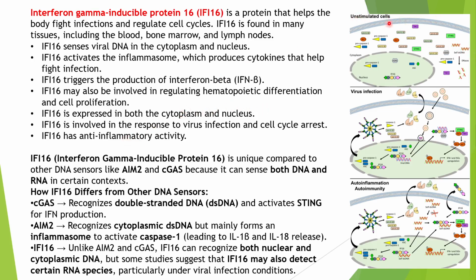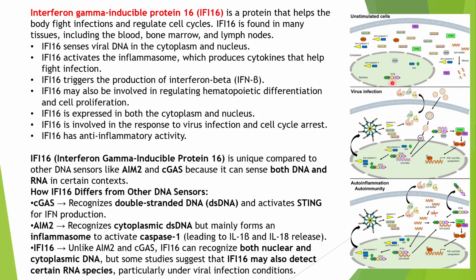So you can see here, these are your unstimulated cells, that is your normal healthy cells, and then you have virus infected cells, and then you have cells in conditions of autoinflammation or autoimmunity. In all the places you can see there is IFI16 that is involved.